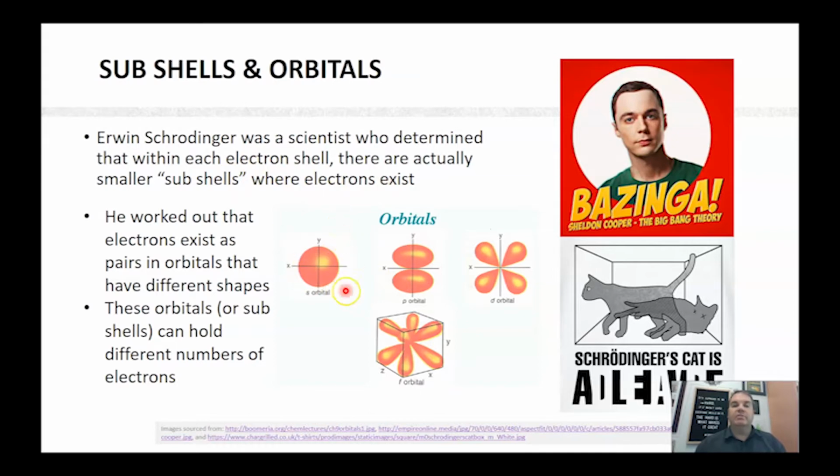He determined that there was an s orbital, a p orbital, a d orbital, and an f orbital. That's why, when you see diagrams of the atom, you'll see the nucleus in the middle and electrons flying around it in different directions. That's because he worked out there were different orbitals and energy levels that they exist in.